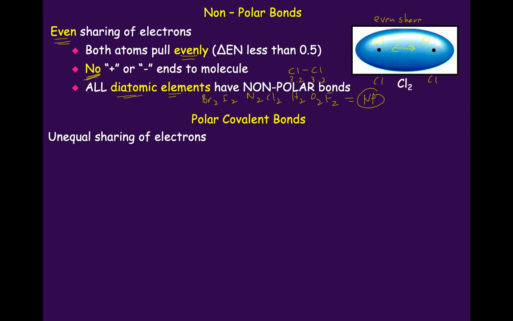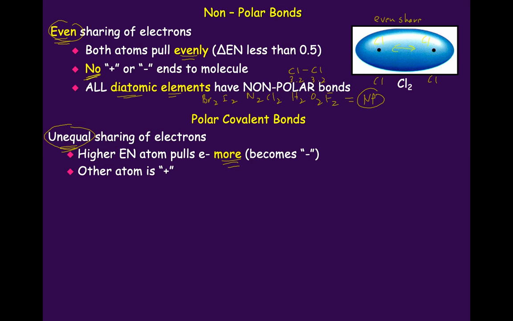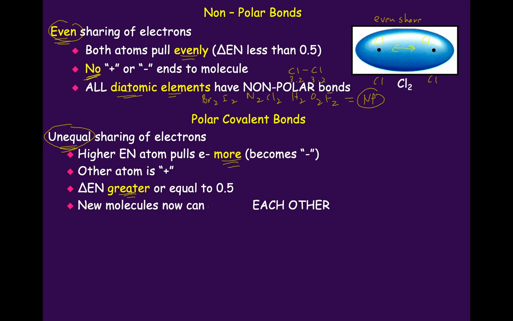In a polar bond you have unequal sharing, so unequal versus even. The atom with the higher electronegativity pulls on the electrons more, so it becomes negative, and the other atom is positive. You have an electronegativity difference greater than 0.5, and now molecules can attract each other. That's going to be interesting.